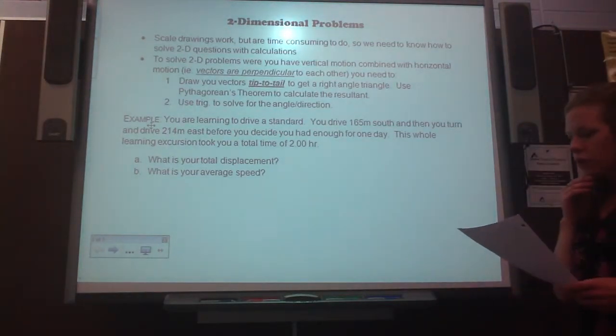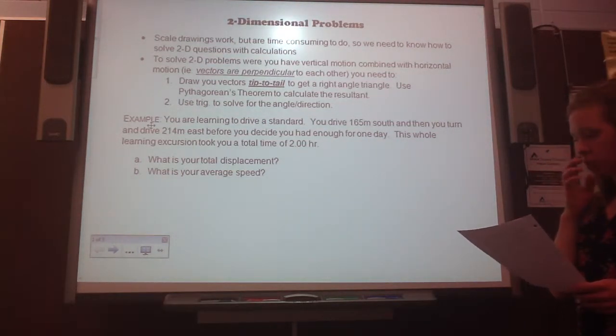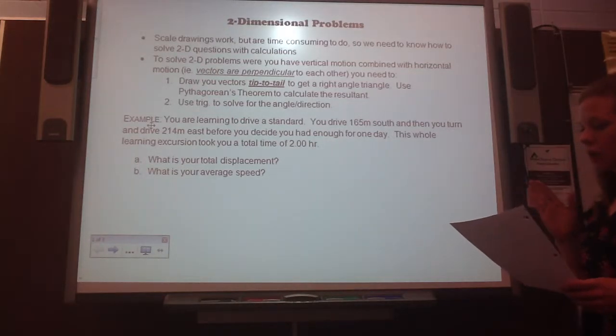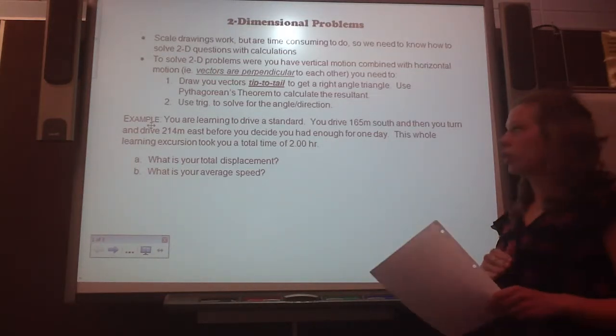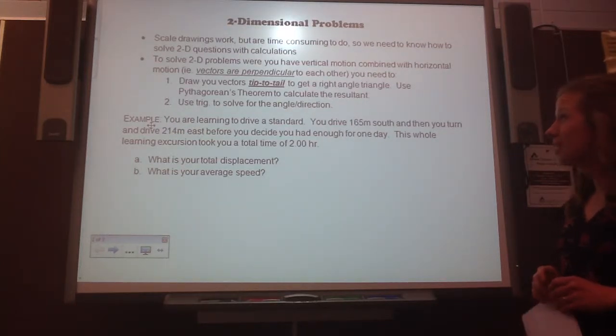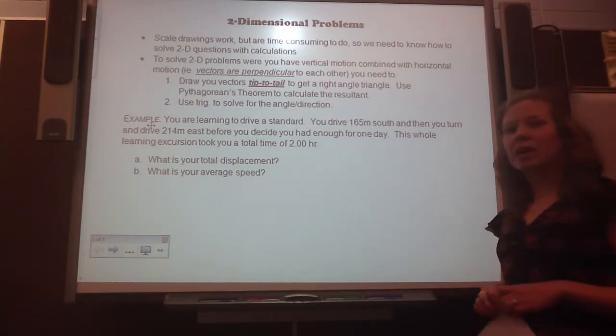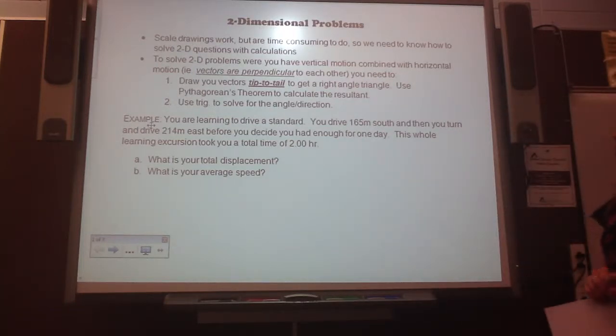To solve our 2D problems, where vectors are perpendicular to each other, you need to draw your vectors tip to tail, as I mentioned earlier, to get a right angled triangle. Then you need to use Pythagorean's theorem to calculate the resultant vector. You can use trigonometry to solve for the angle/direction.